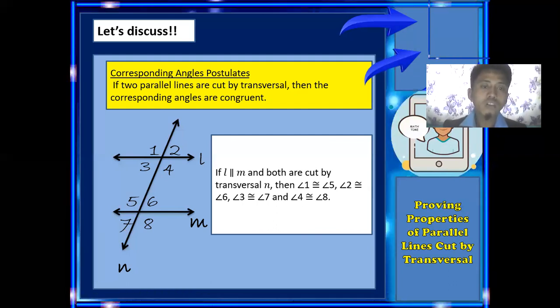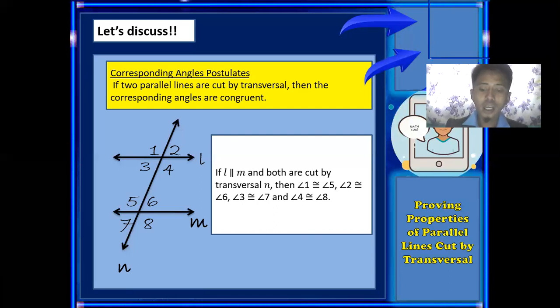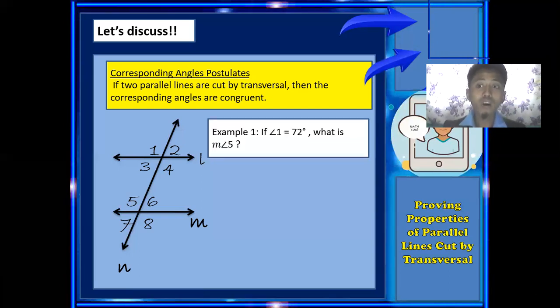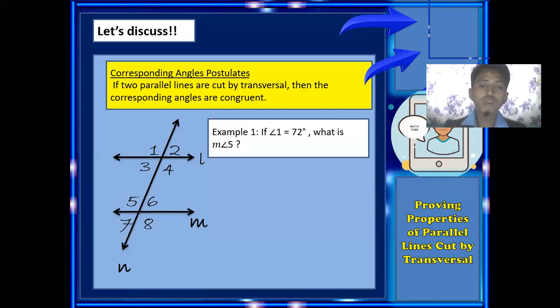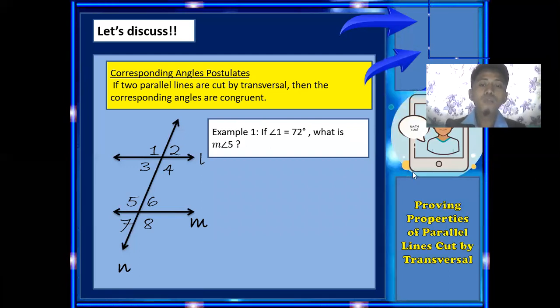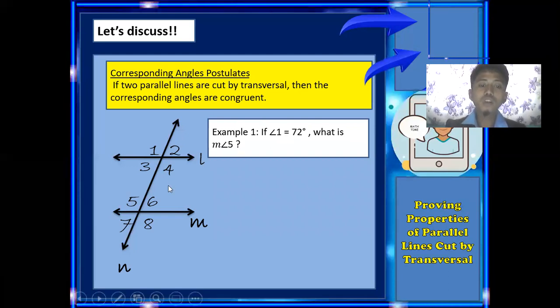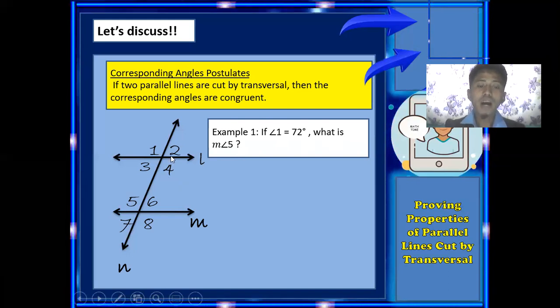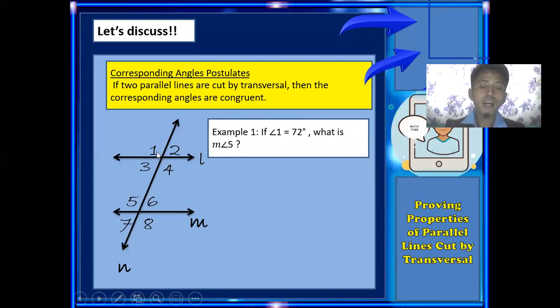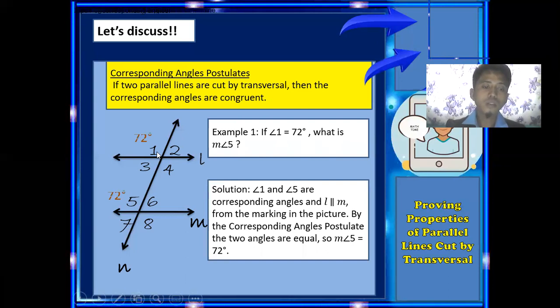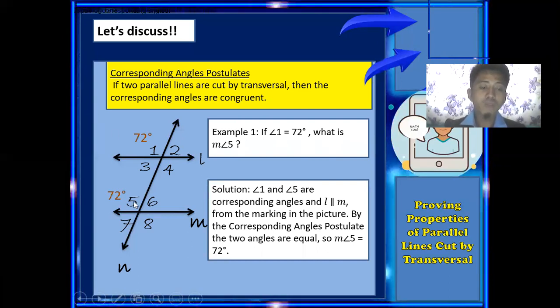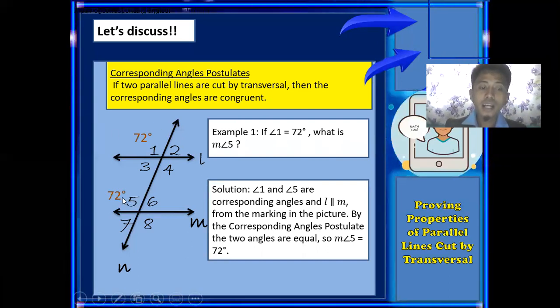The concept of the corresponding angle postulate is that if you have two angles that are corresponding angles, automatically their measurements are congruent or equal. Let's have this example. If the measurement of angle 1 is 72 degrees, what is the measurement of angle 5? Obviously, that is 72 degrees.